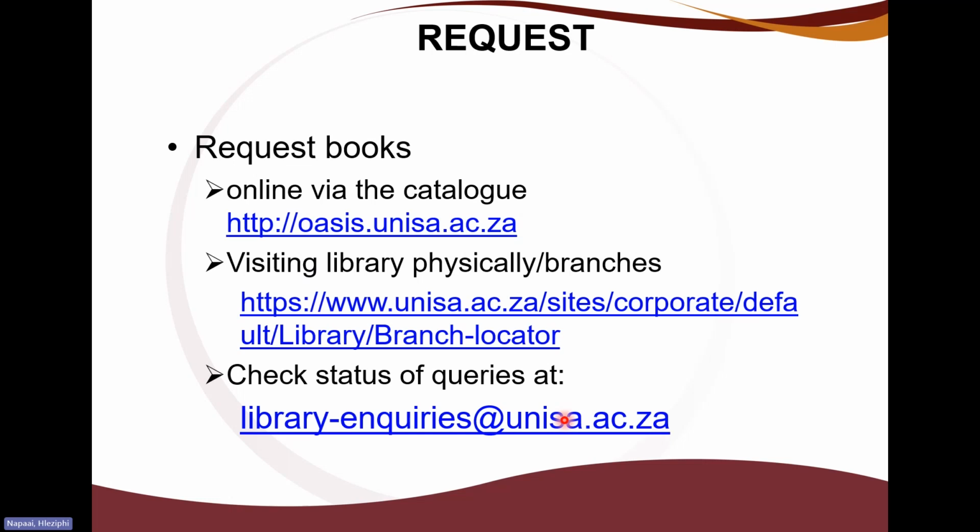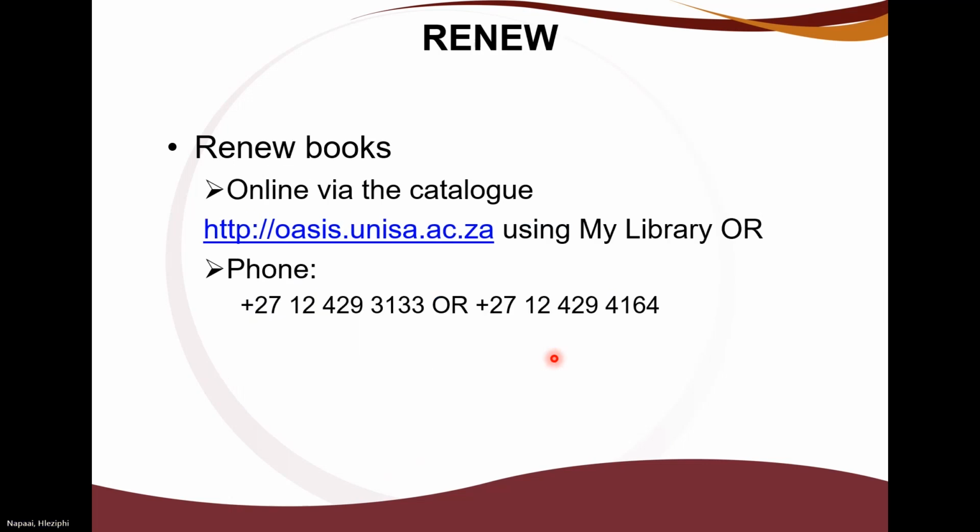Then you cancel it through this library email address. And this is all our branch locators. You'll find it online, where you can just tell us, send this book to Polokwane, to Durban, to Rustenburg, wherever UNISA has certain branches.